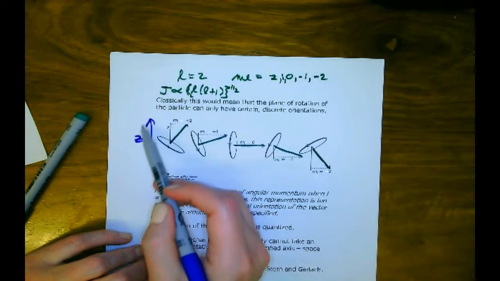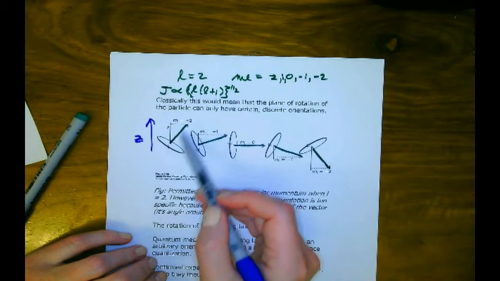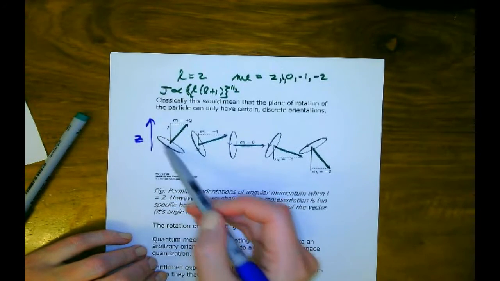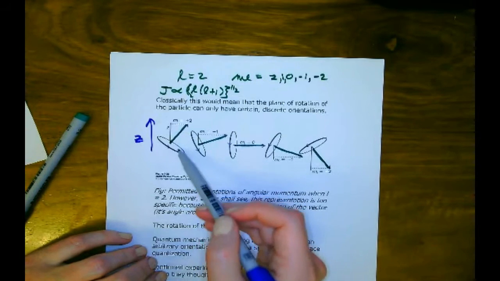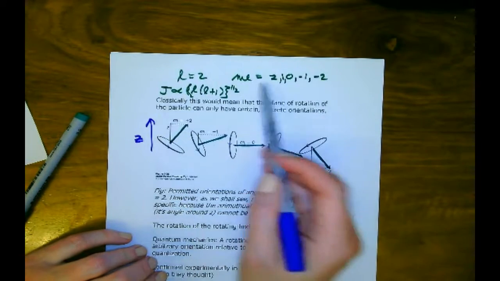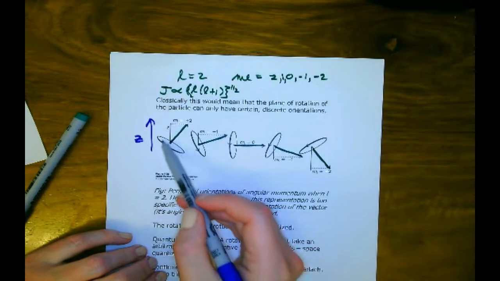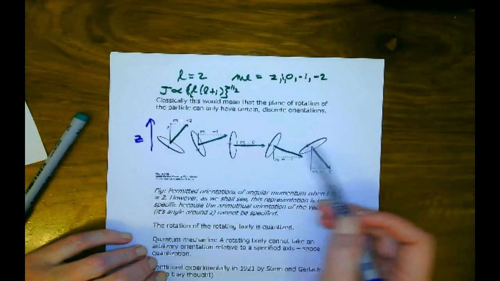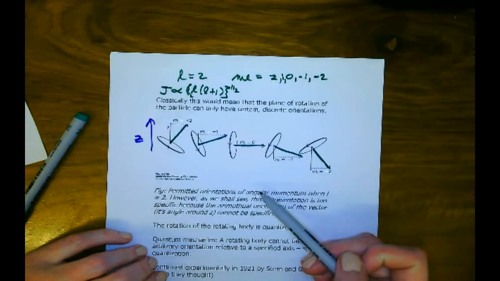Well, because z is always in that direction and the angular momentum is always perpendicular to the plane of rotation, the only way that we can change this is by changing the rotational plane, the orientation of the rotational plane.